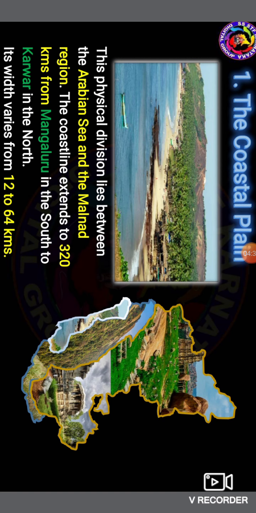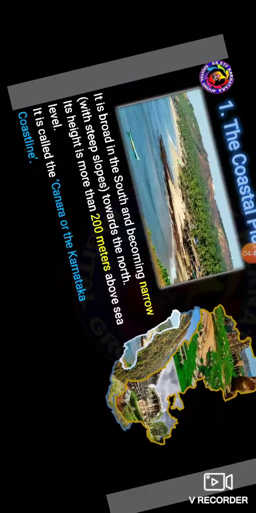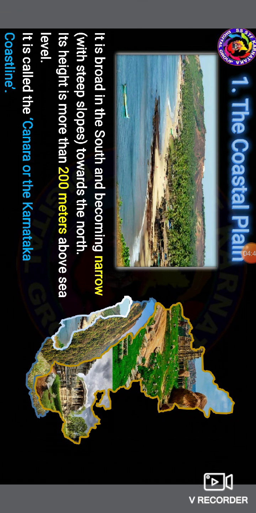It widens from 12 to 64 kilometers. It is broad in the south and becomes narrow strips. Its height is more than 200 meters above the sea level.